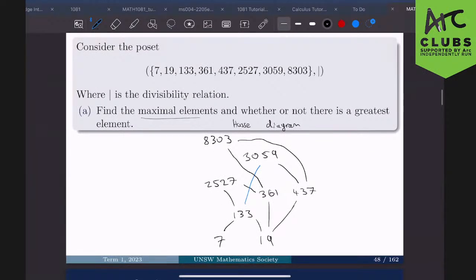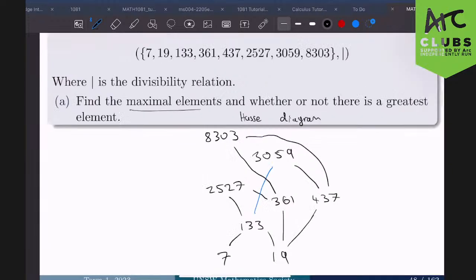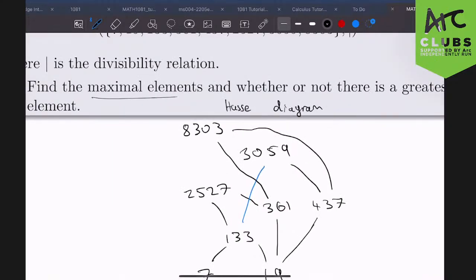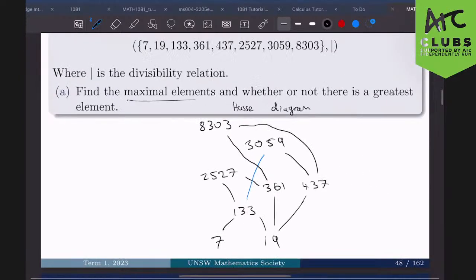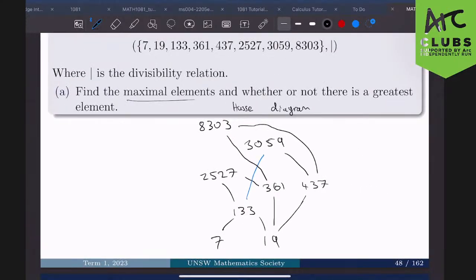So the maximal element is just an element which doesn't go to anything above it. It doesn't have any upwards lines. So in this case, we can see that our maximal elements will be this, and this.